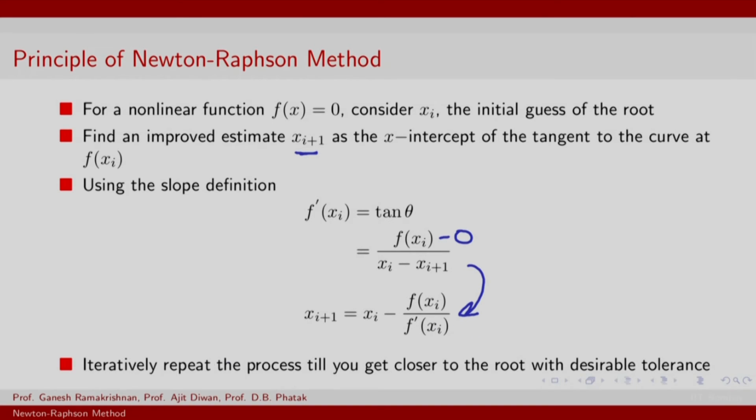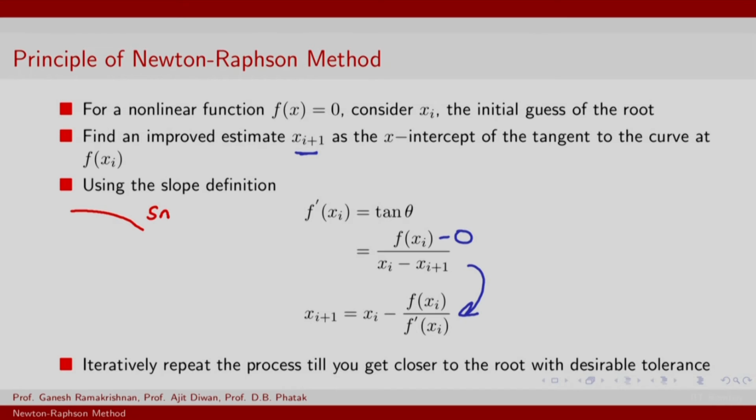The idea is to keep repeating this process till you get closer to the root within some desirable tolerance. As pointed out earlier, you are moving based on the rate of change of the function. The function f could have small rate of change.